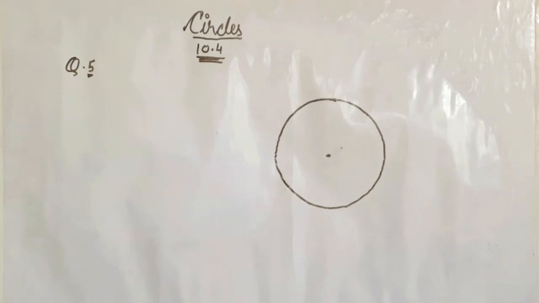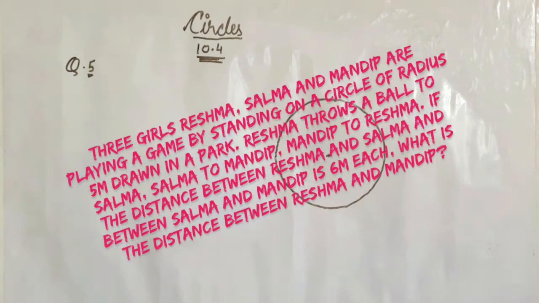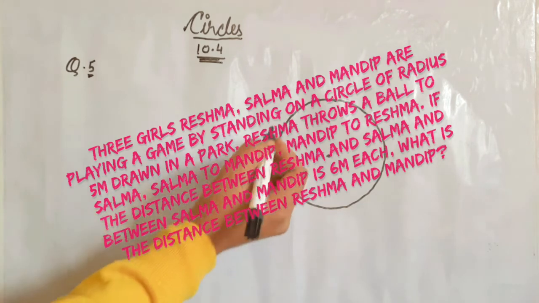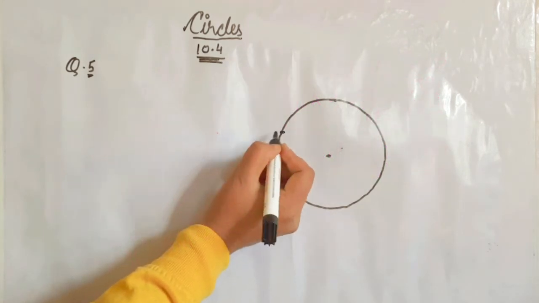Then Reshma throws the ball to Salma and Salma to Mandeep and Mandeep to Reshma.